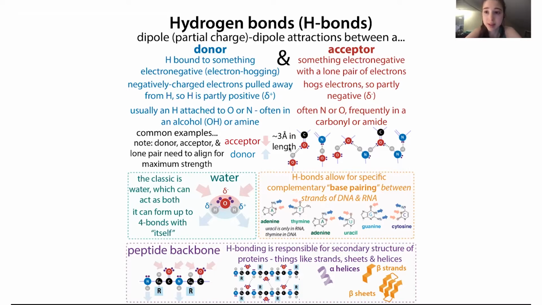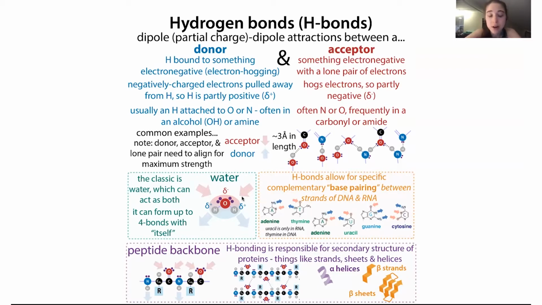In order for them to be the strongest, they need to be in a line, where you have your donor, the lone pair, and the acceptor in a straight line. This is part of the reason why water expands when you freeze it: it's trying to maximize all of its different hydrogen bonds. The lone pairs can act as acceptors, and the donors are the hydrogens on the electronegative atom.